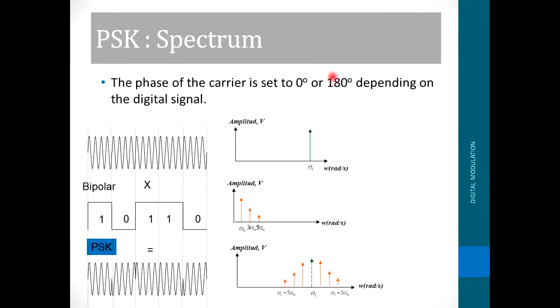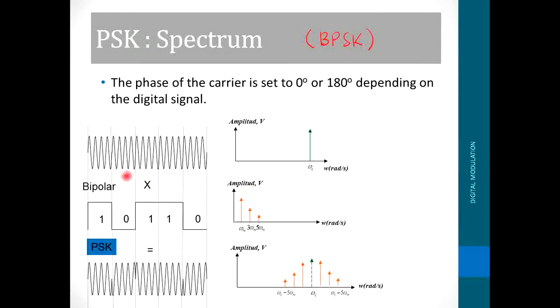Okay, so this is the PSK spectrum. This is for BPSK. For the spectrum of PSK, the phase of the carrier is set to 0 degree or 180 degree.